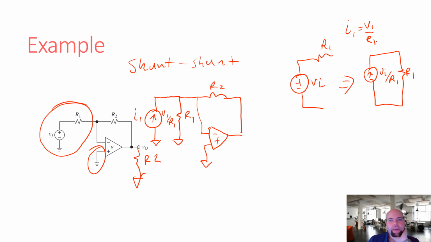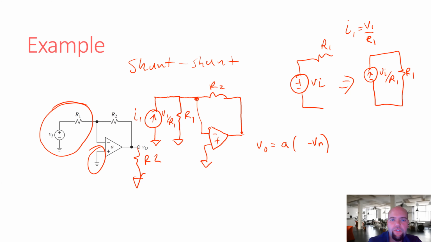Okay, so analyzing this, we always start with our op-amp equation. So we say V out equals alpha times Vp minus Vn. So Vp is just 0, so it's alpha times negative Vn. What's Vn here?